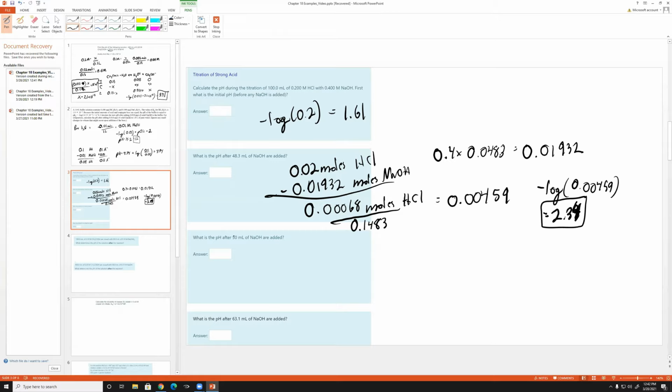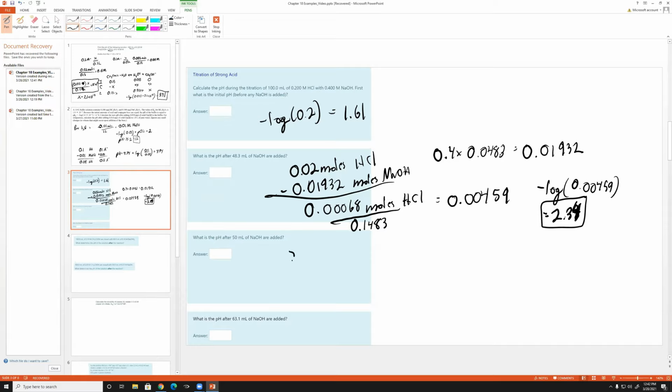Okay, next one. What is the pH after 50 milliliters of NaOH are added? So with 50 milliliters, it would be 0.4 molar of the NaOH times 0.05 liters of NaOH, which is 0.02.